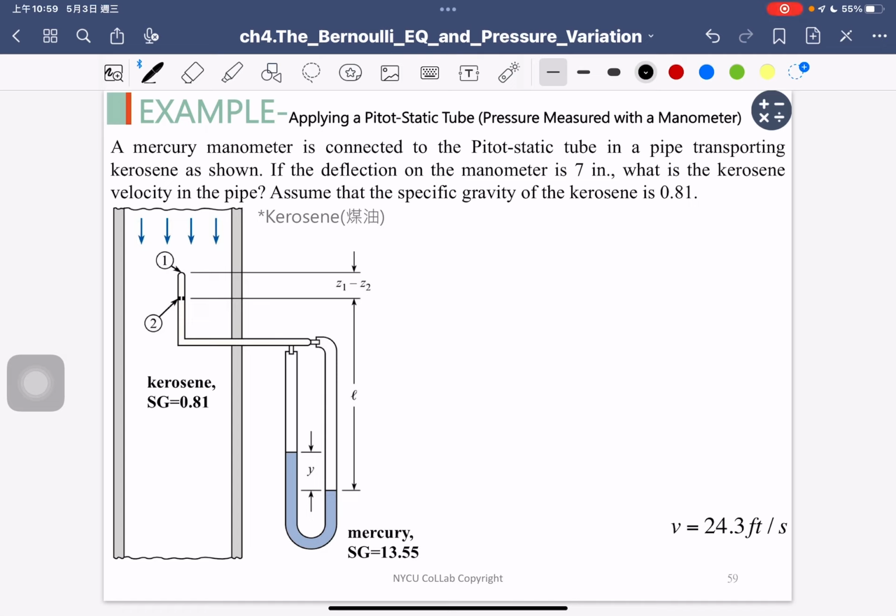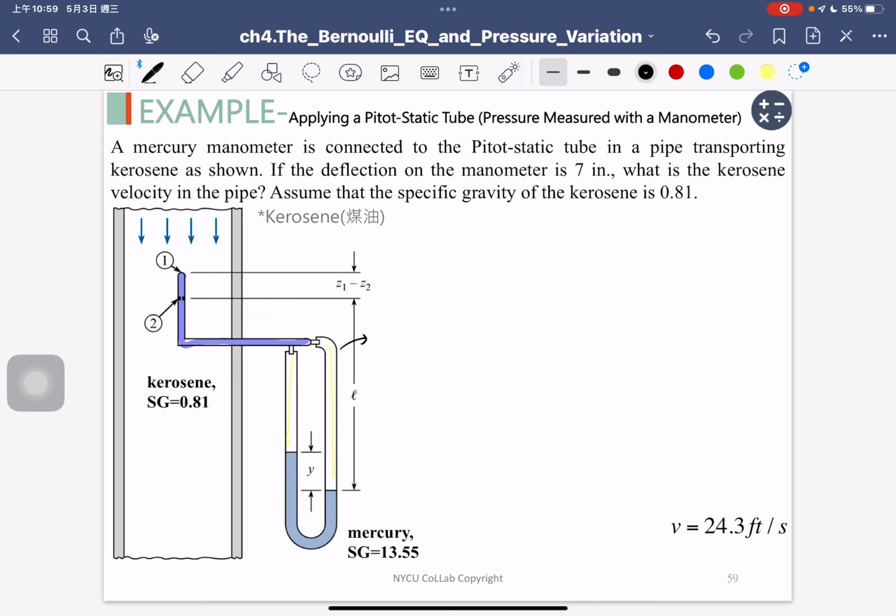Okay, so let's say we have the pitot tube inside here. We put the pitot tube, and we connect the pitot tube with the manometer. So the yellow device here is our manometer.